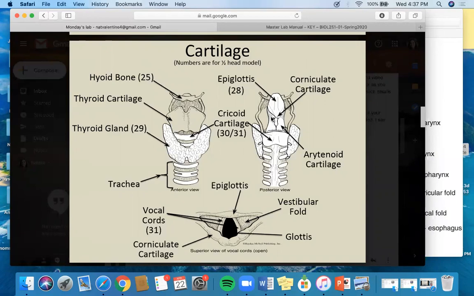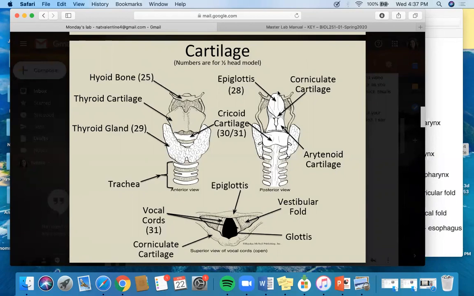And on top of that, we have the corniculate cartilage. Those are the tiny little triangles that look like corn that sit on top of the arytenoid cartilage. In your lab manual, they curve at the end. Again, this is in the posterior view.